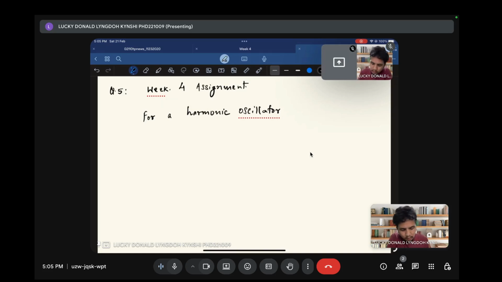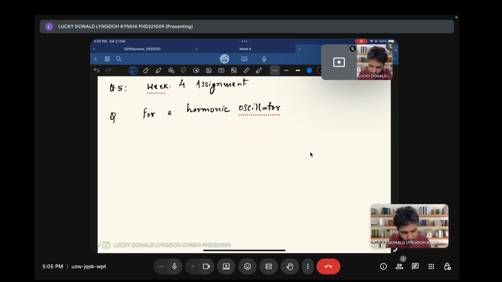The last question is related to the harmonic oscillator. It is given that for a harmonic oscillator you have an operator a cap as well as a cap dagger. I hope the assignment question is already with you, so I will not write it here.